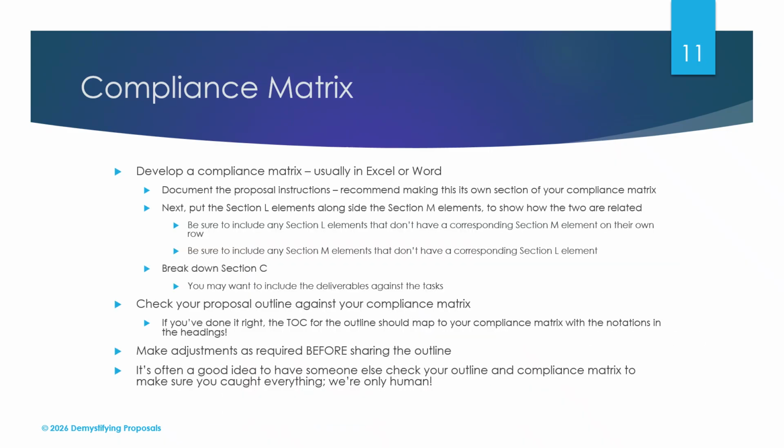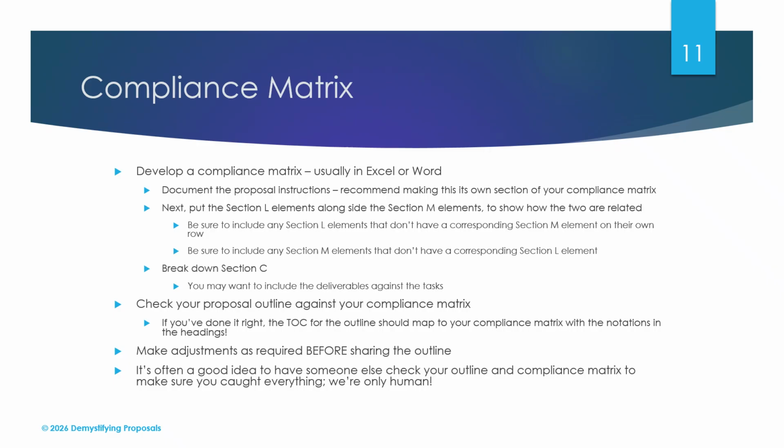You'll want to develop a compliance matrix. This is usually done in either Excel or Word, whichever is your preference. You want to document the proposal instructions. I recommend making this its own section of your compliance matrix. Next, put in the section L elements alongside the section M elements to show how the two are related.